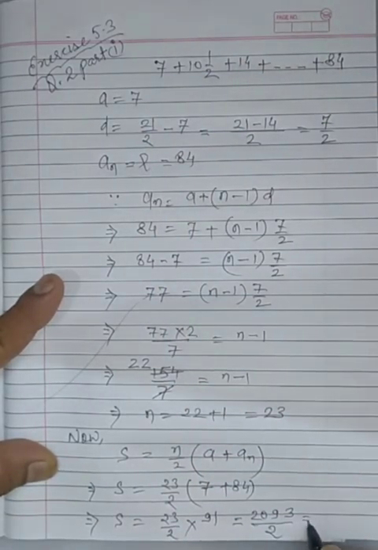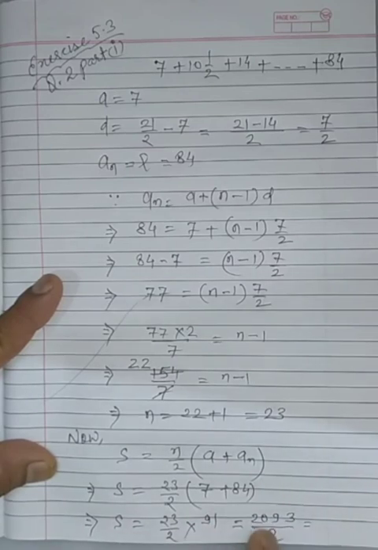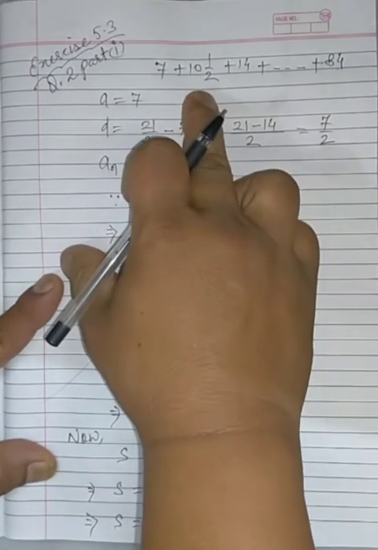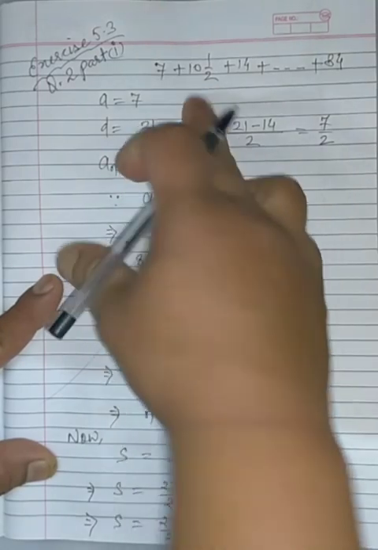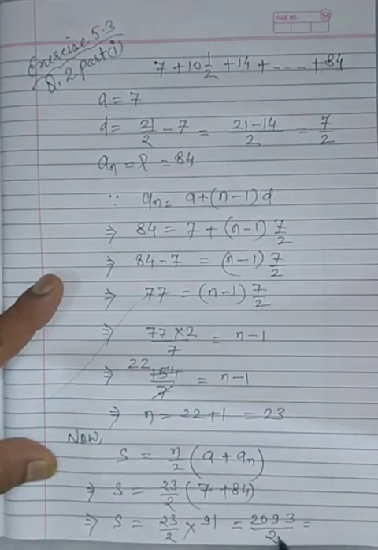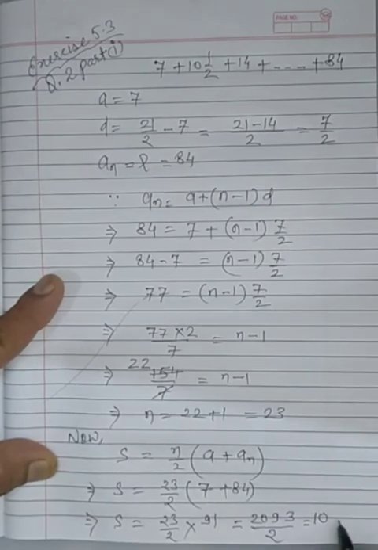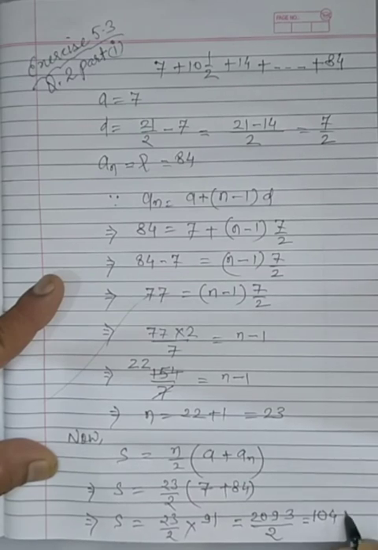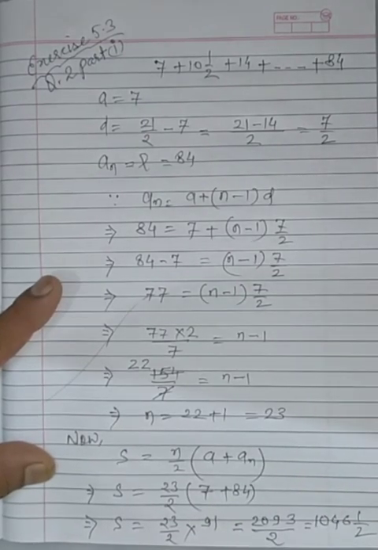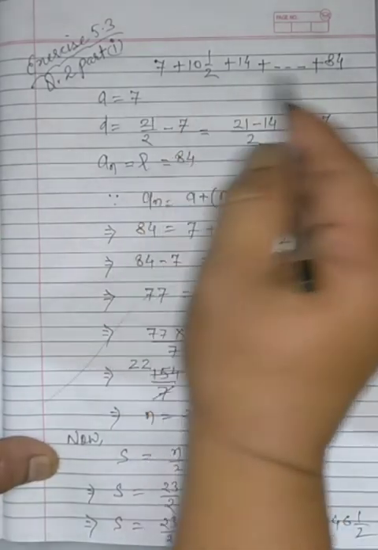You may be given the answer in mixed fraction, because here in the question we are given the numbers as mixed fractions. So if it is so, then you can divide it by 2 and write it in terms of mixed fraction. So it will be 1046 whole 1 by 2. So this is the sum of all of these terms.